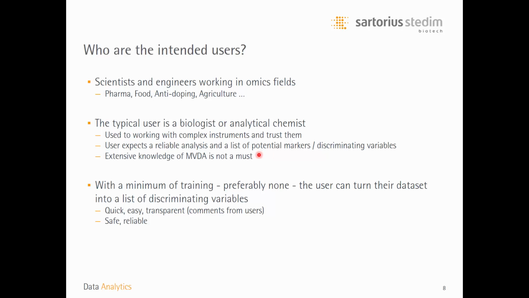And as I said, it is not a must that the user is familiar with MVDA. So with a minimum of training, the user can turn their dataset into a list of discriminating variables that will help them in their future quest towards understanding what is discriminating, let's say, a reference group from a treatment group.